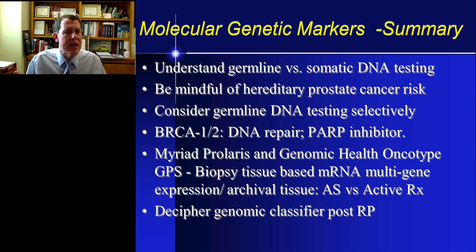Primarily these tests are used to help doctors and patients make decisions between whether the patient should stay on active surveillance or have active treatment such as surgery or radiation therapy. And finally, we talked about the genomic classifier test, commercially known as Decipher, which uses a gene chip analysis, again, expression panels of various genes, to help us make better decisions post-radical prostatectomy between observation or early radiation or later radiation when the PSA rises.